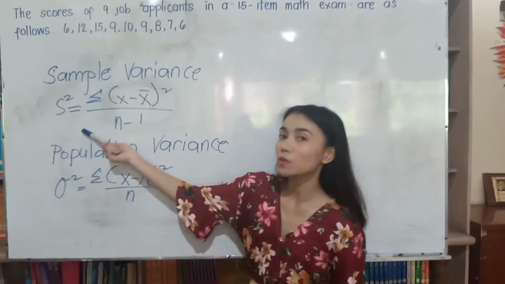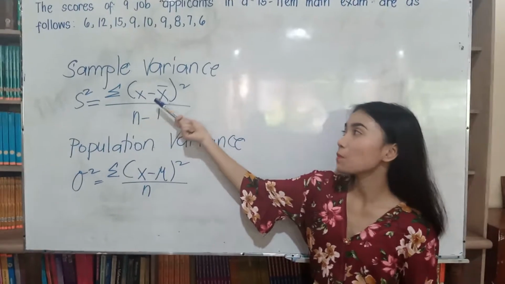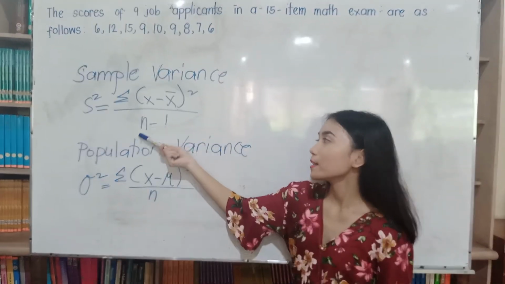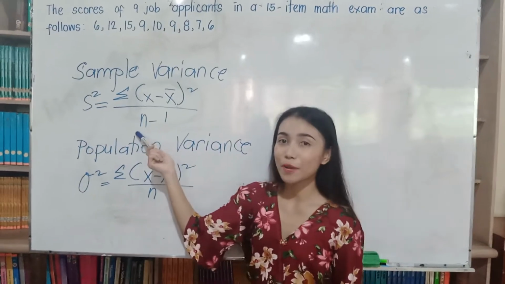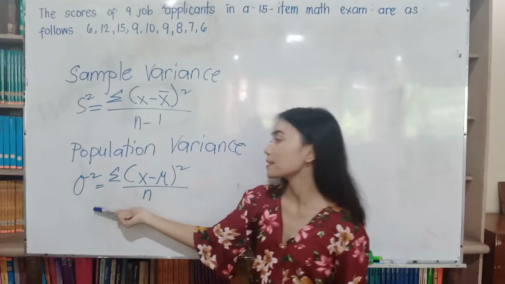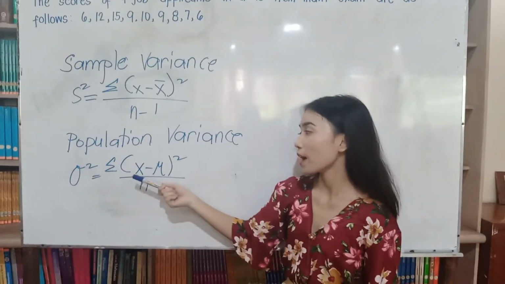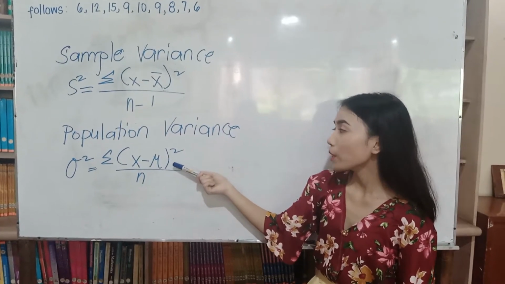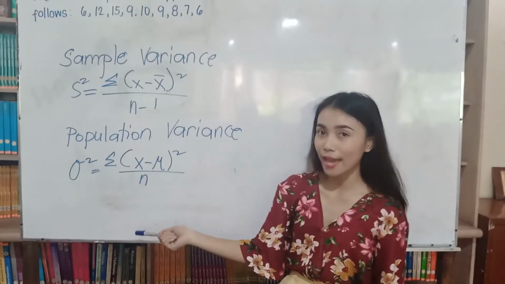The sample variance is equal to summation of x minus the sample mean squared over n minus 1, where n is the number of data. And the population variance is equal to summation of x minus the population mean squared over n.